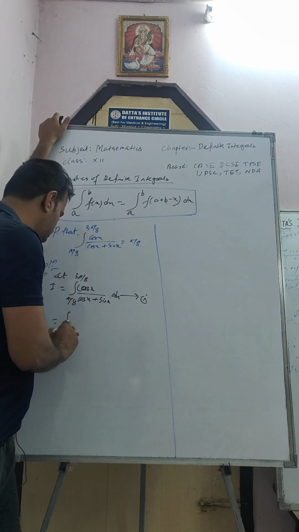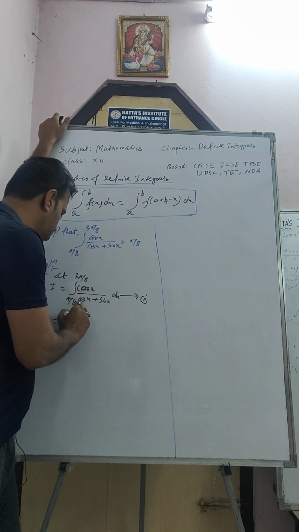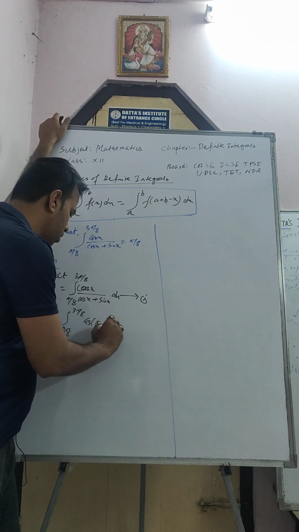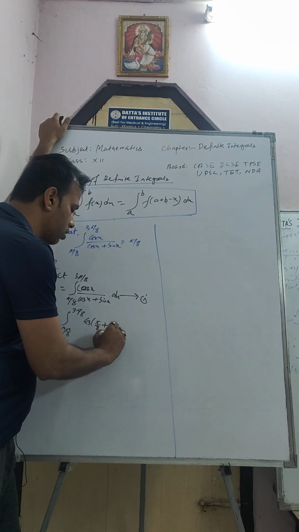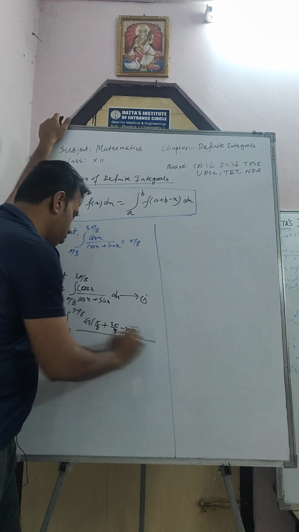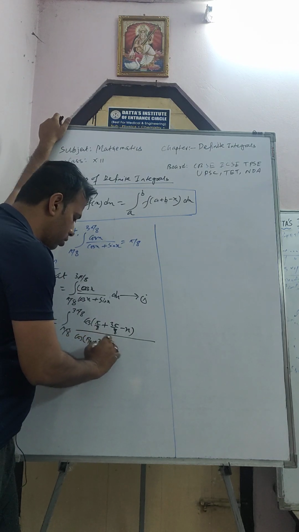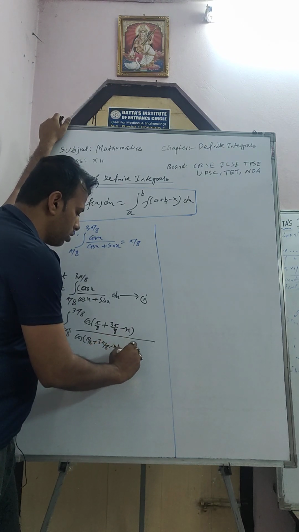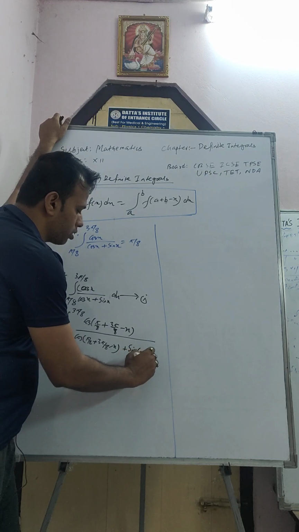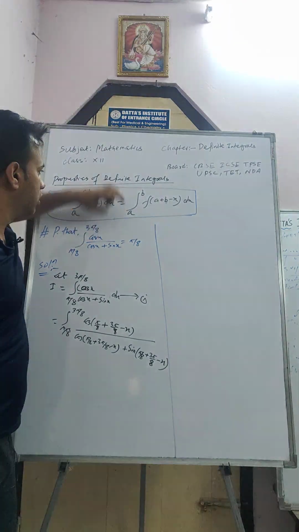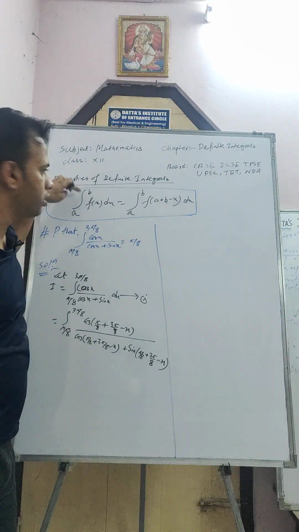Now using this property, the integral from pi by 8 to 3 pi by 8 of cos of (pi by 8 plus 3 pi by 8 minus x), and here also cos of (pi by 8 plus 3 pi by 8 minus x), and sin of (pi by 8 plus 3 pi by 8 minus x). Here I am just using this property, where a is pi by 8 and b is 3 pi by 8.